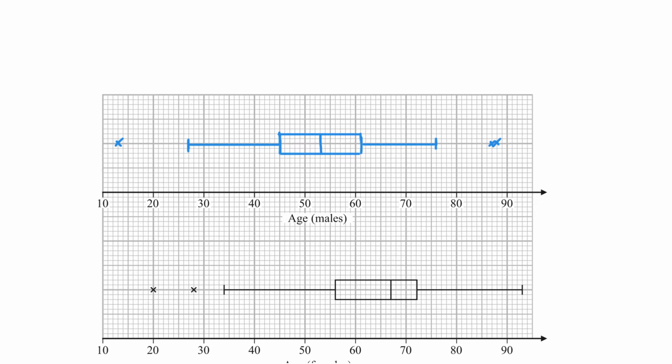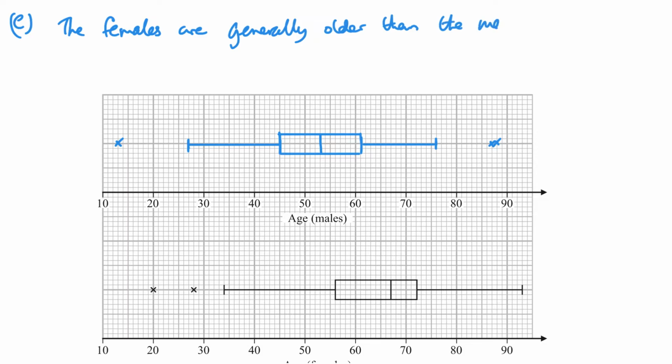So you could have said something like the females are generally older than the men. And then your statistics you could use is maybe the median, as the median is higher.